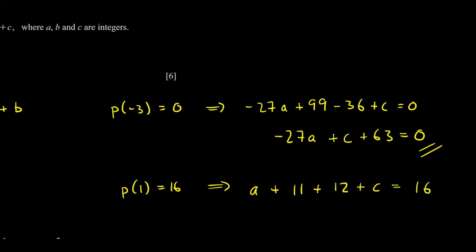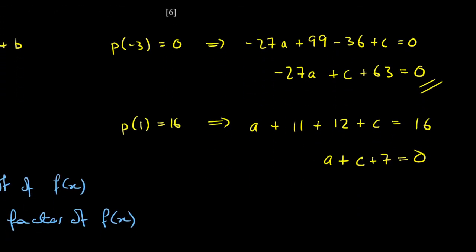Therefore I get a plus c plus 23, since 11 plus 12 is 23, is equal to 16. I'll subtract the 16 from both sides, so that should be a plus c plus 7 is equal to 0. Hopefully all of that's okay.